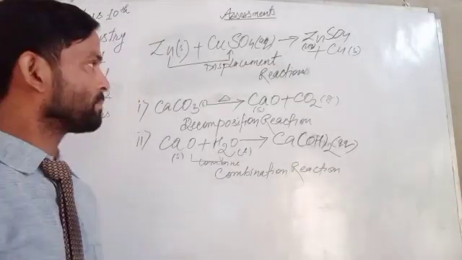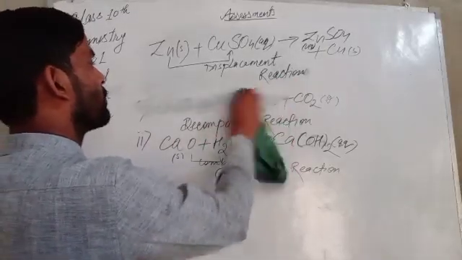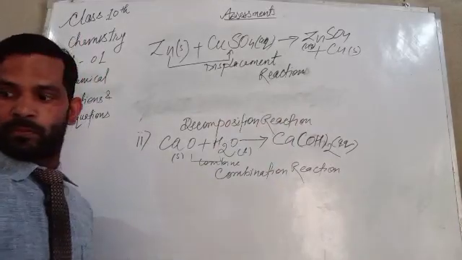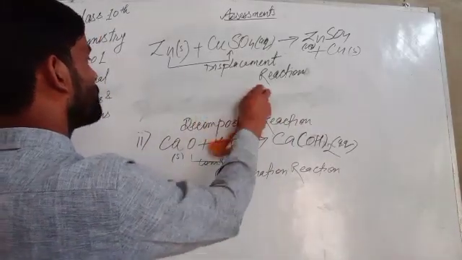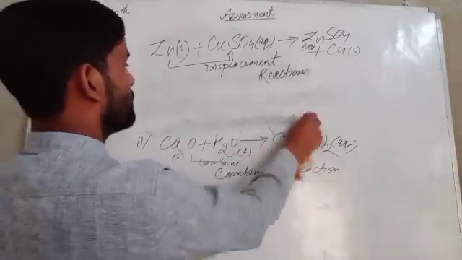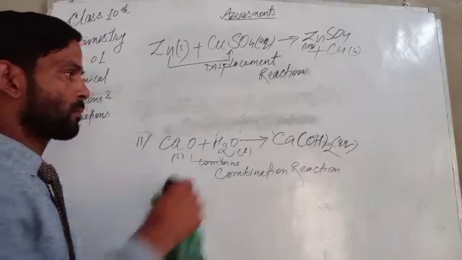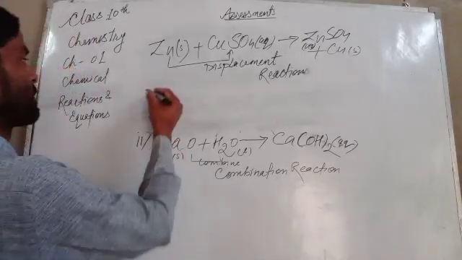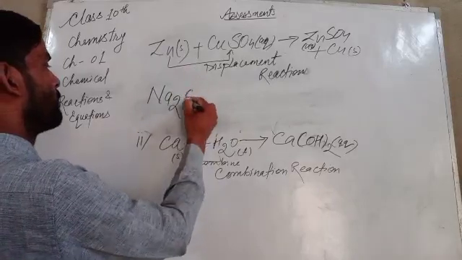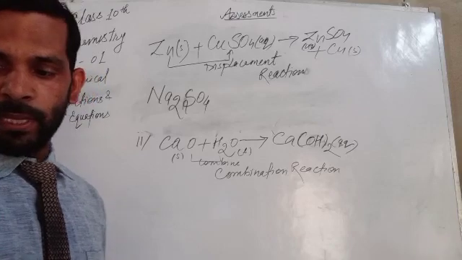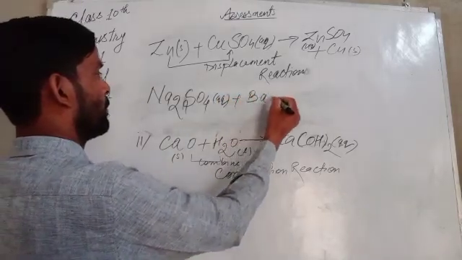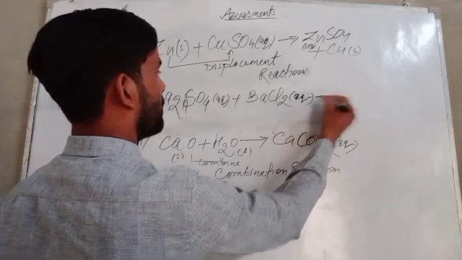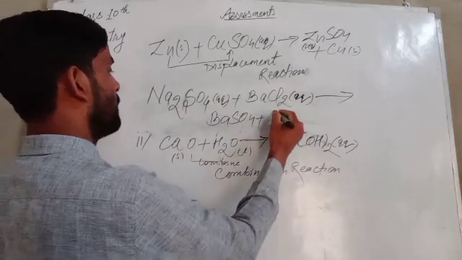Next one is given as sodium sulfate, Na2SO4, plus barium chloride, BaCl2, which forms barium sulfate plus 2NaCl.